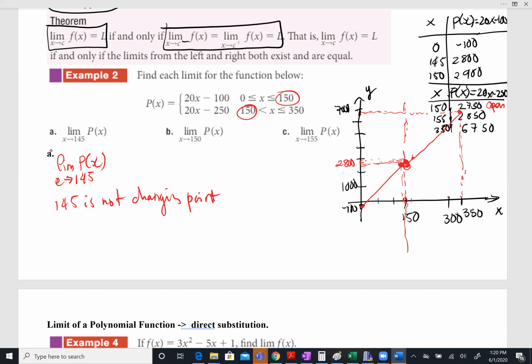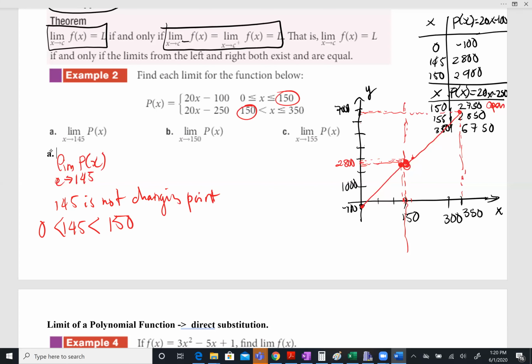And 145 also lies in the interval between 0 and 150. So 145 is greater than 0 and less than 150.